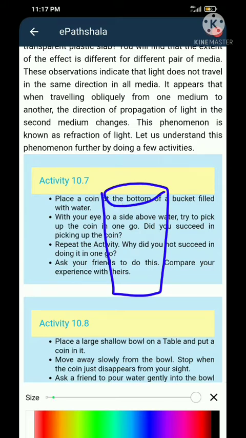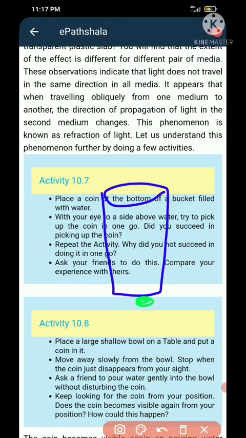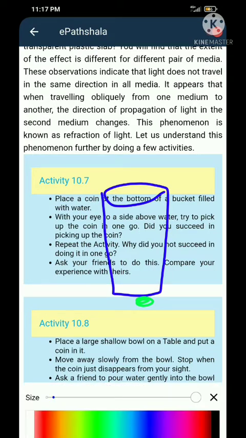The visual appearance when the water is filled is different, and the depth also changes. It happens when water is poured in, so it becomes denser.